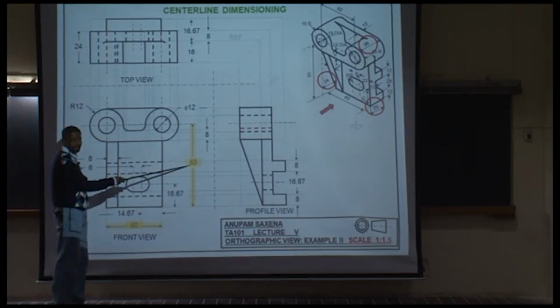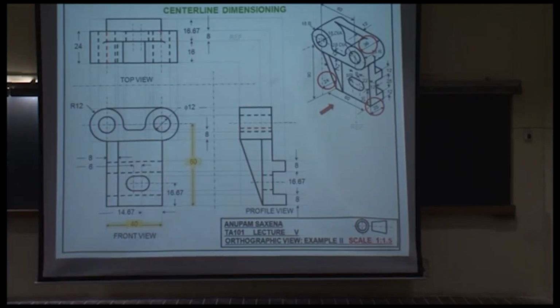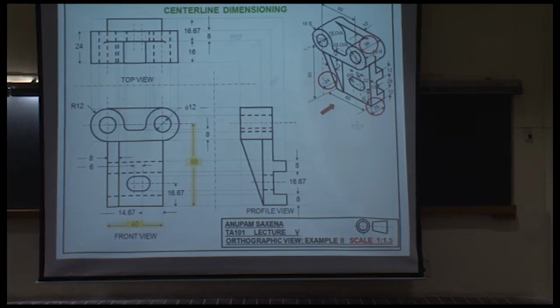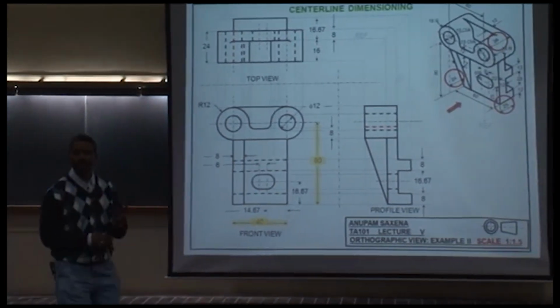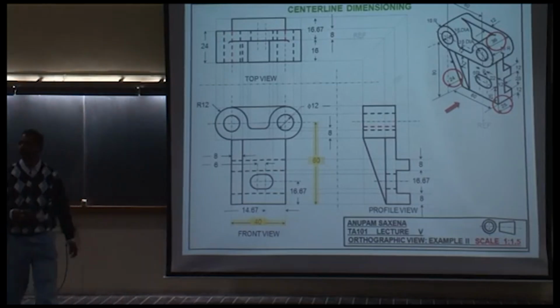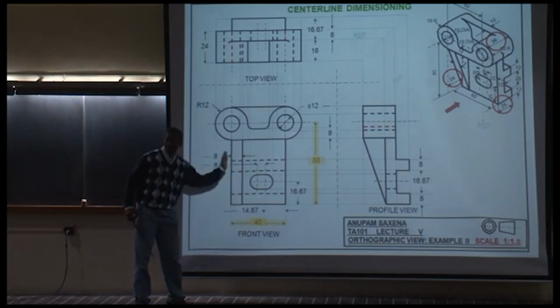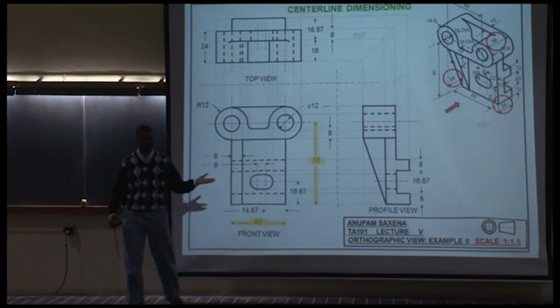The number or the dimension is represented within the arrow, almost at the center of the arrow. And whether you're using horizontal arrows or vertical arrows, the numbers remain aligned to the horizontal. They don't get rotated as in the case of aligned dimensioning.